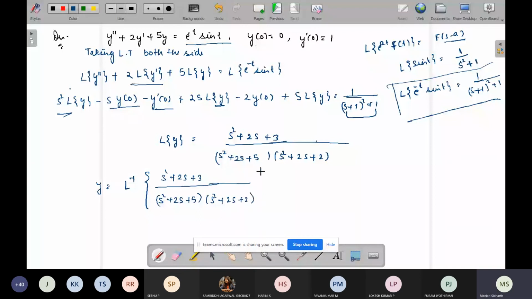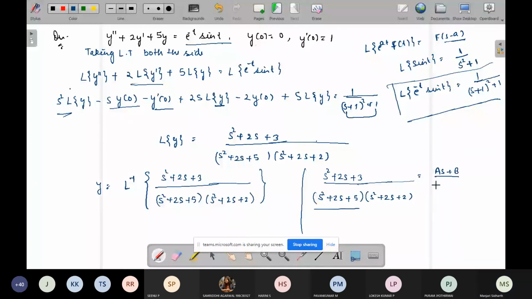Now you should know the partial fraction of these type of terms. So when we have a quadratic term in denominator, so I'm writing here s square plus 2s plus 3 over s square plus 2s plus 5. When we have the factors which are in quadratic form, then for this factor we'll take as plus b, and for this factor I'm writing cs plus d.